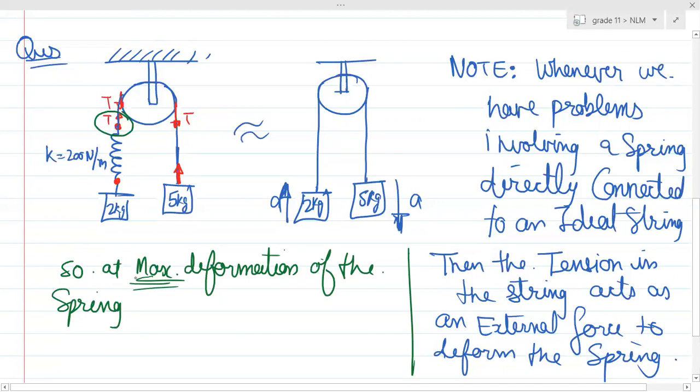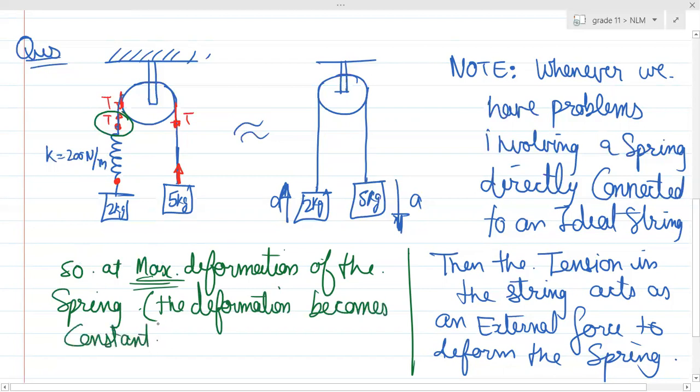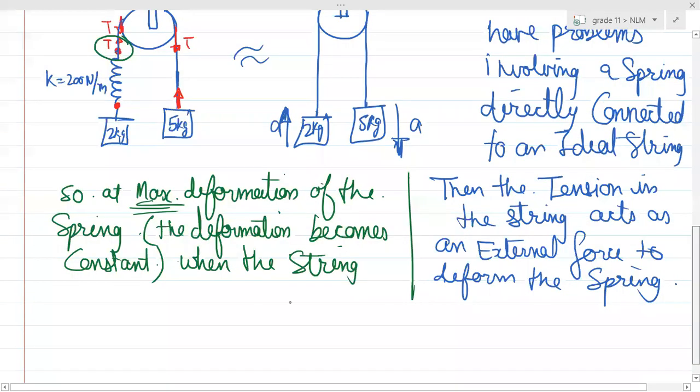So at maximum deformation of the spring, the deformation becomes constant, when the blocks or the string accelerates uniformly.